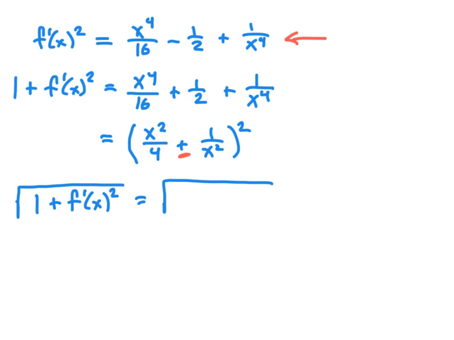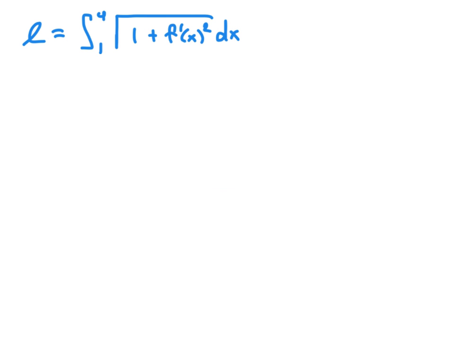And so the expression that we're going to be integrating is the square root of x squared over 4 plus 1 over x squared, quantity squared. And of course, the square root of a quantity squared just leaves that quantity itself. And so the integral that we're going to be computing is going to be the integral of this expression, x squared over 4 plus 1 over x squared.